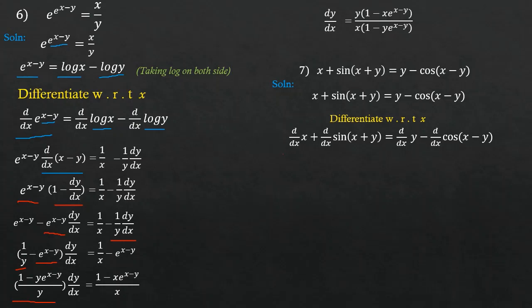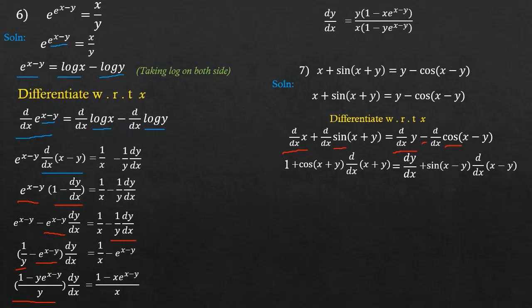So derivative of x with respect to x is 1, derivative of sine is cos x plus y multiplied by d by dx of x plus y, is equal to derivative of y is dy by dx, and derivative of cos is minus sine, therefore this minus becomes plus, into d by dx of x minus y. So let's simplify.